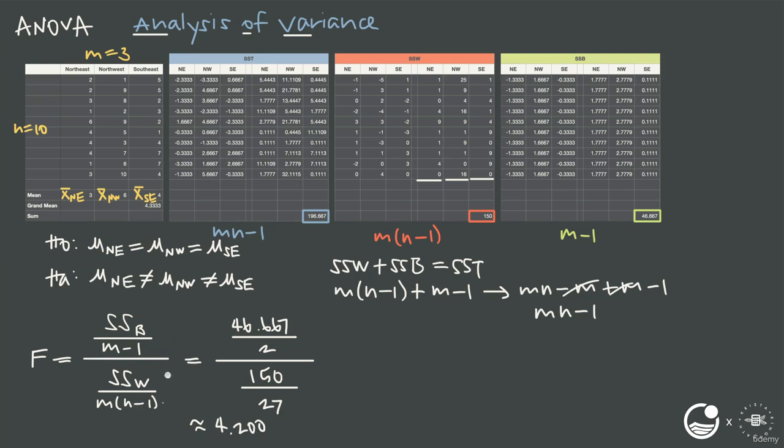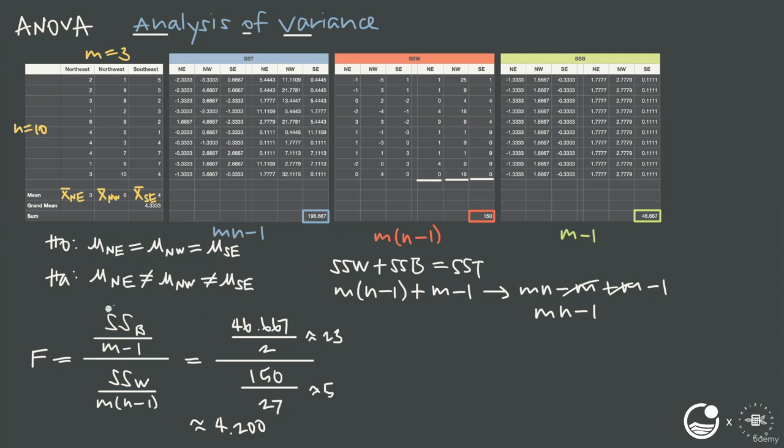Now, when it comes to calculating this F statistic, what we can say is that if the numerator is significantly larger than the denominator, so in our case, our numerator is approximately 23, our denominator is approximately 5, if we're just doing rough math here, what that means is that more variation is explained by the variation between groups than by the variation within groups.